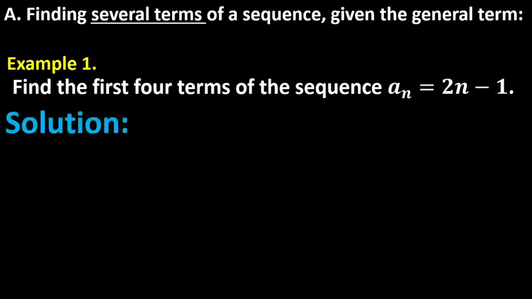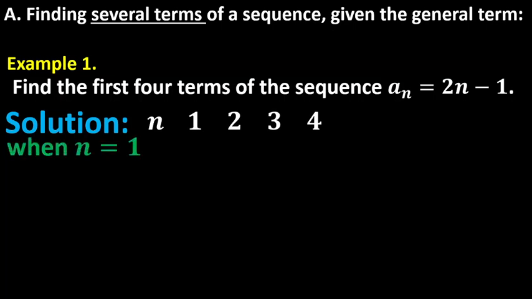So, terms can be denoted as a sub 1, a sub 2, a sub 3. Tama? So, n ang tawag sa kanila. Unang apat na terms sa given sequence. Now, next. When n is equal to 1, ibig sabihin nito na yung first term natin. And a sub n is equal to 2n minus 1 is our general term.